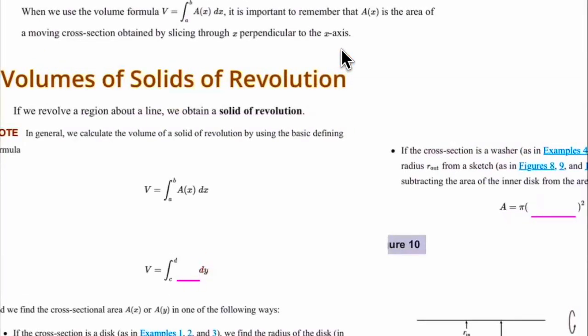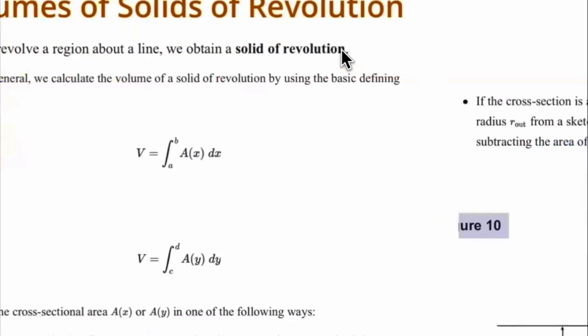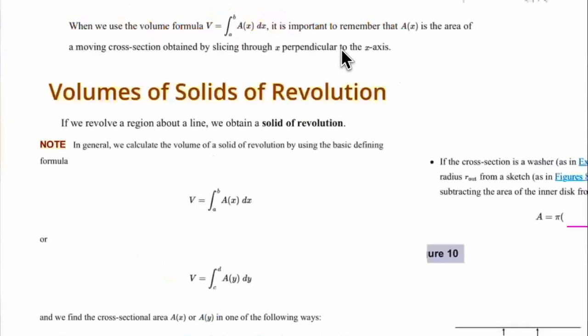Then the cross section has to be expressed in terms of y. Think of this as the value for one slice, and then you use integration to add them up. So y goes from c to d.